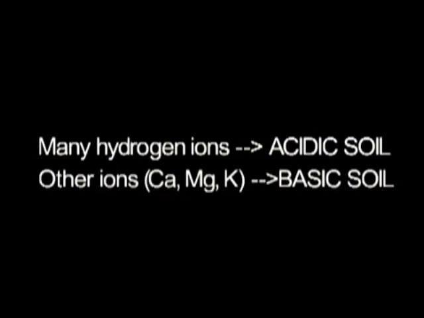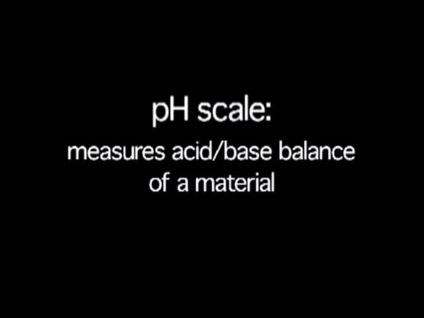If there are a lot of hydrogen ions, that makes the soil very acidic. On the other hand, if there are a lot of other ions like the calcium, magnesium, potassium, that makes the soil much more basic. And if you remember perhaps from high school chemistry, we measure the amount of acid and base using a pH scale.